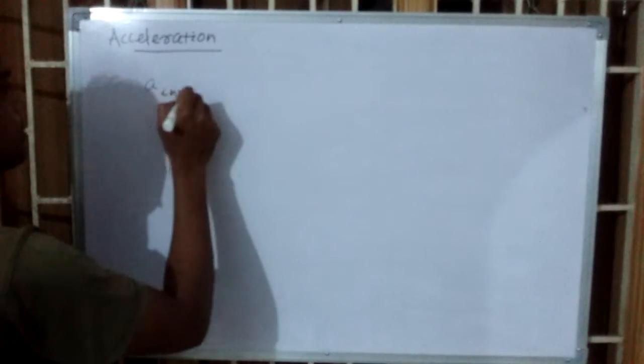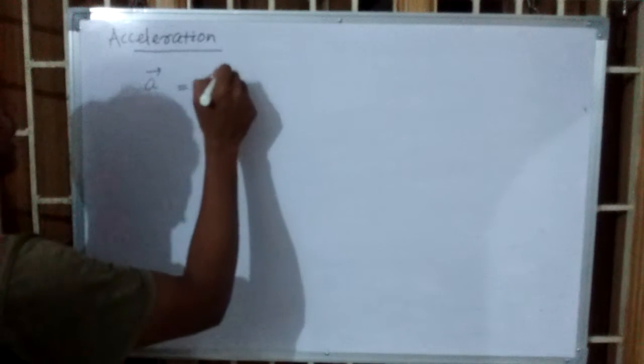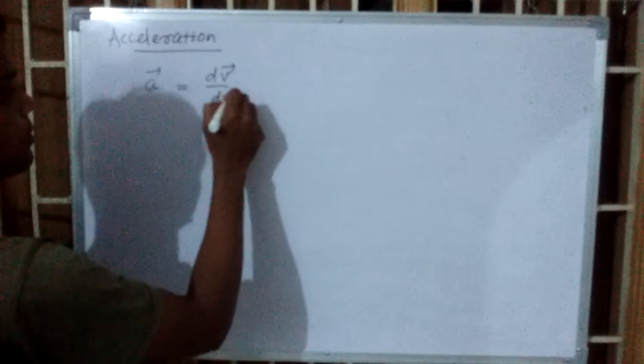So what is equation number 1? First of all, instantaneous, I will always write a only. I will not write instantaneous, because a is our constant, we know it. So for constant acceleration I also can write it as dv by dt.